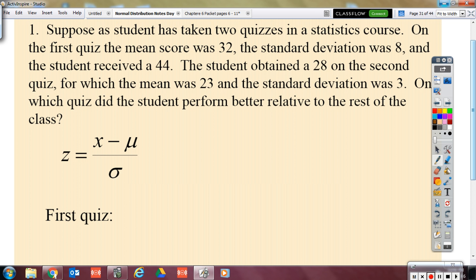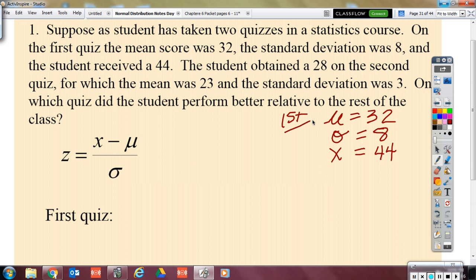Suppose that a student has taken 2 quizzes in a statistics course. I like to put these facts down as I read. On the first quiz, the average was 32. The standard deviation was 8, and the student received, that's the X value, a 44.